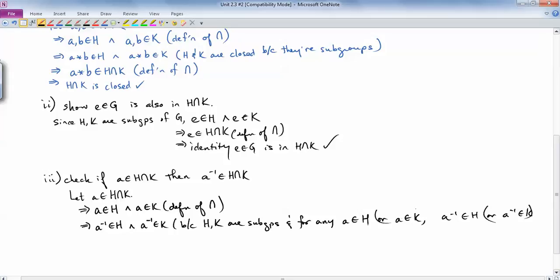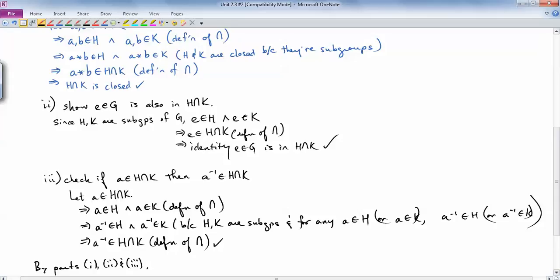I'll do it like this. There we go. Well, that means that A inverse has to be in the intersection. Definition of intersection once again. Okay, so we satisfied rule 1, rule 2, rule 3, or axiom 1, 2, 3, or whatever you want to call them. Stipulation. So by parts 1, 2, and 3, we know H intersect K is a subgroup of G. Okay.